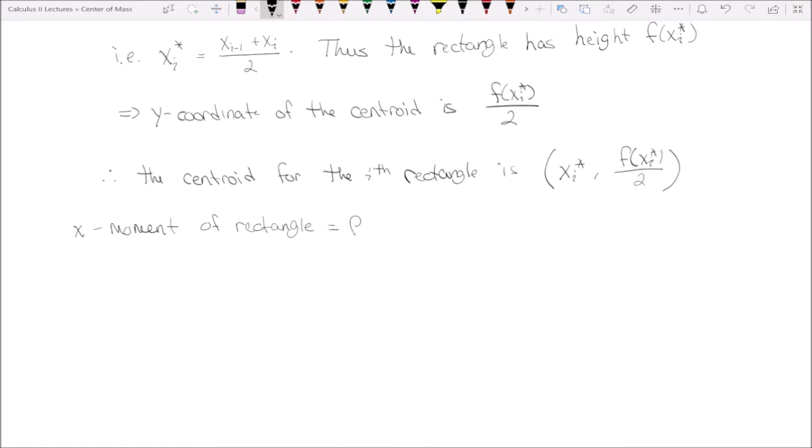It is rho times the area, which is f of x sub i star times delta x sub i, then times the distance from the x-axis, which is f of x sub i star over 2. Simplifying this, we get rho over 2 times f of x sub i star squared times delta x sub i.